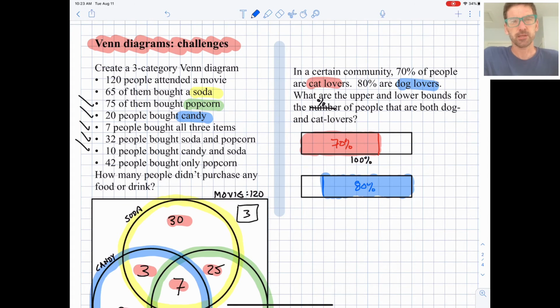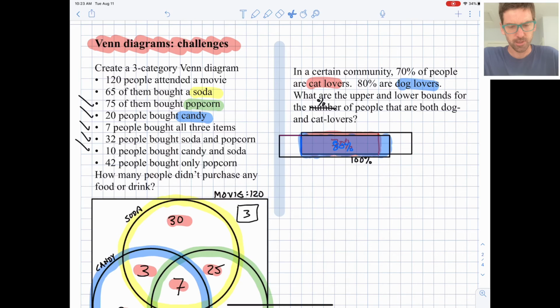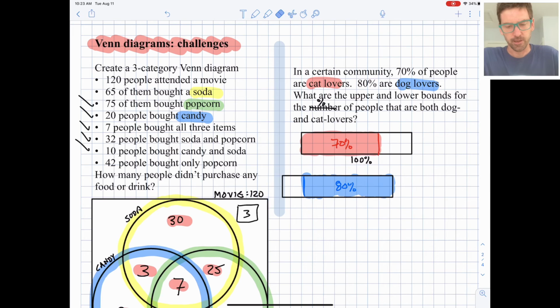What I want you to do is think of the dog lovers box as sort of a sliding scale on top of the cat lovers box, okay? Let's see if we can visualize it a little better. It's possible that all 70% of the cat lovers are also dog lovers.